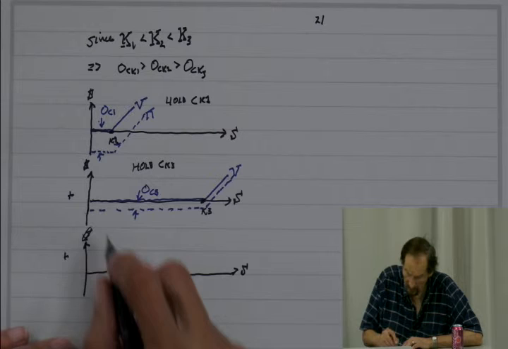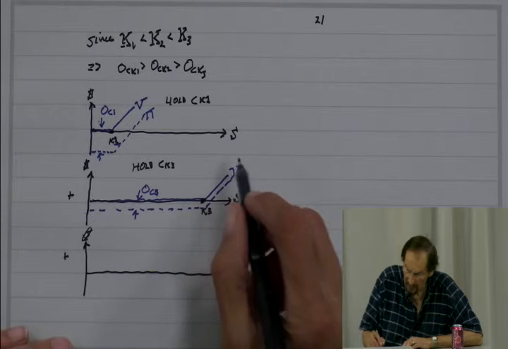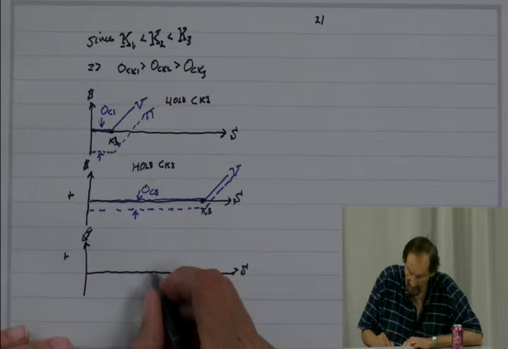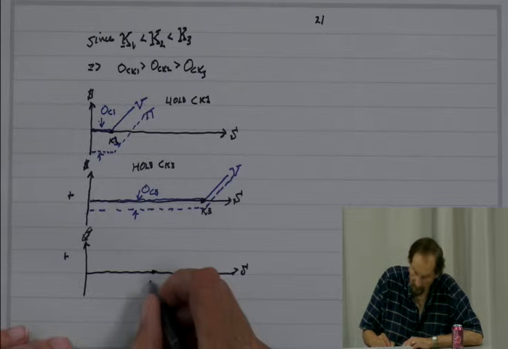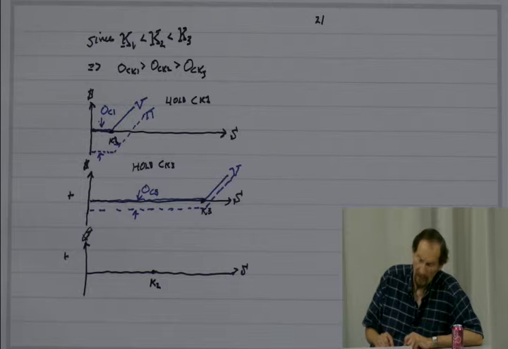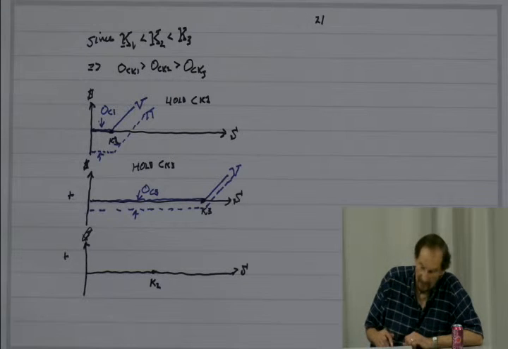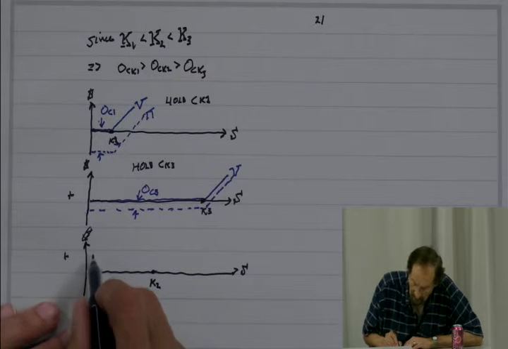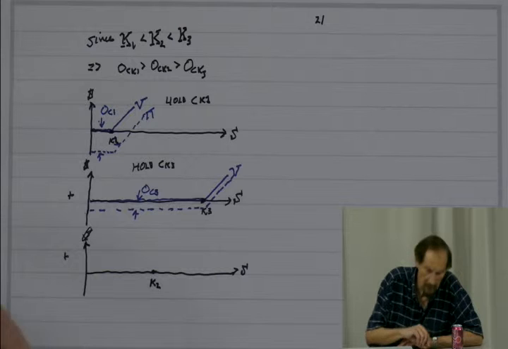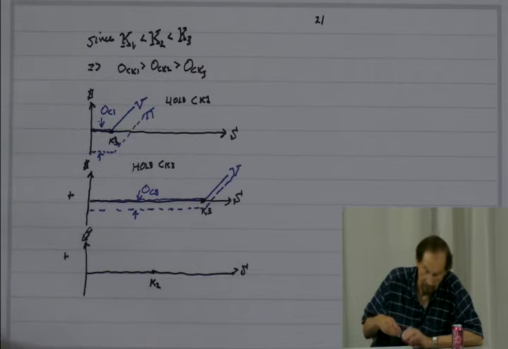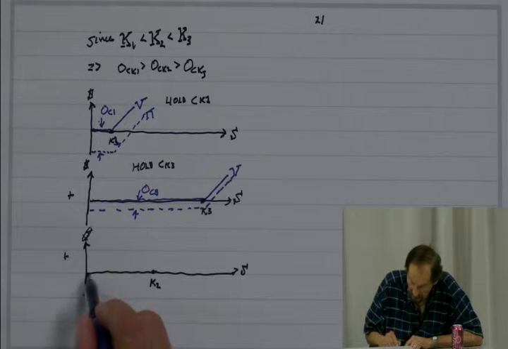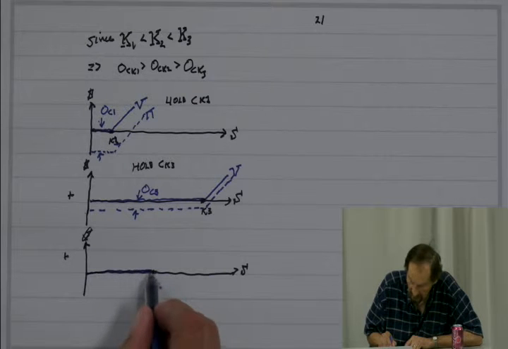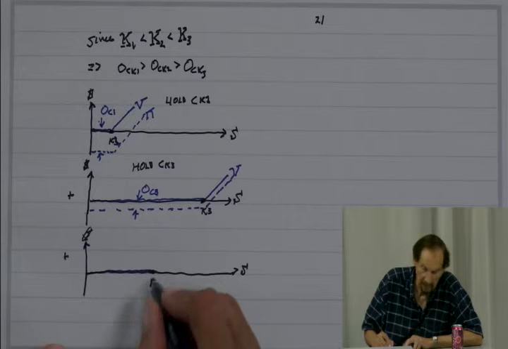So here's K1, here's K3, so say K2 is over here. K2 is between K1 and K3. And what happens is we get something like the following. Now this goes out here, and then it goes down here.